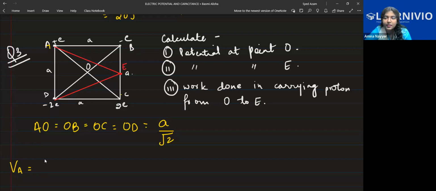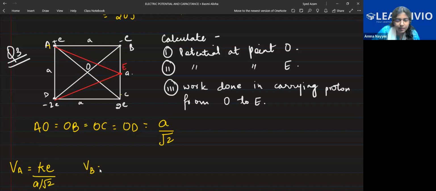There is no direction. So what's the formula of potential due to a point charge? KQ by R. Exactly. So apply the same thing here. At O due to A: K into E divided by A by root 2. Correct.